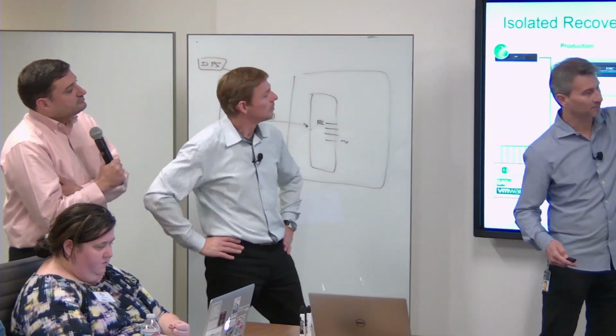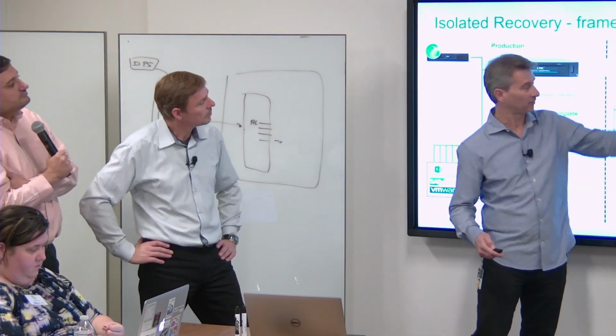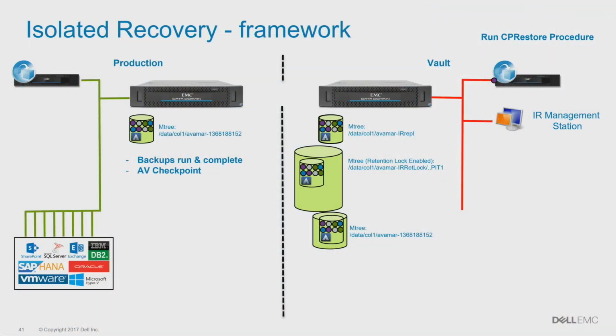So to continue on, now we've got the read-write copy available. We will point it back to that gold copy of Avamar, and we'll do what we call a checkpoint restore, which basically brings back the brains of the Avamar from the production site into the vault site. So now the Avamar is essentially rehydrated, and it looks like it did in production, but it's a totally separate system.